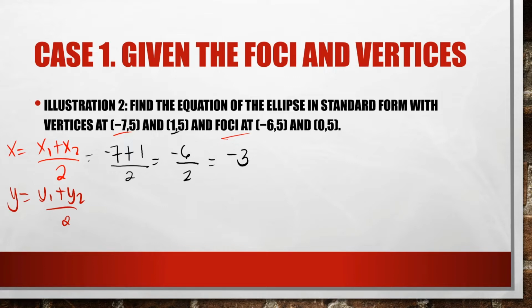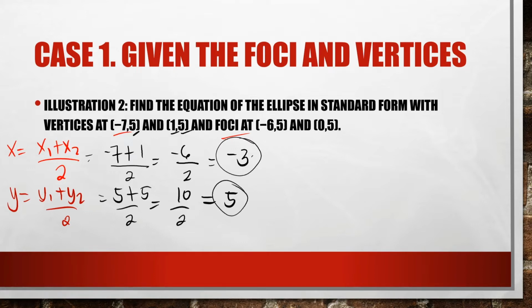And then, y sub 1, which is 5, plus y sub 2, 5, over 2. So, 10 over 2 is equal to 5. So, ito yung coordinates ng center, negative 3 and 5.